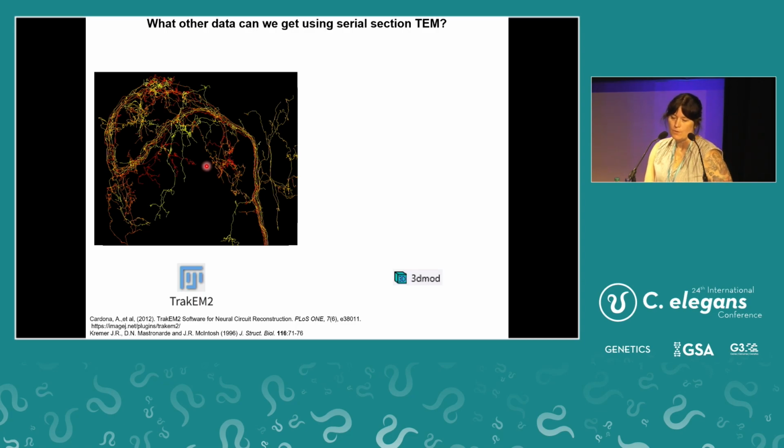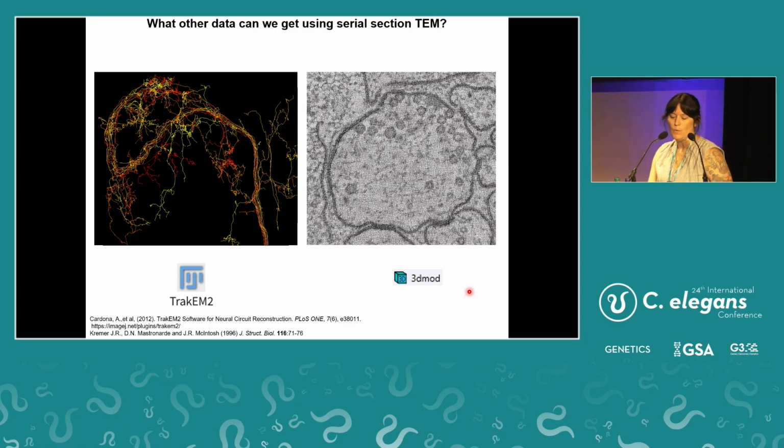But you can also use, well, many software packages, and I'm certain you'll hear about plenty of programs later in the talks, but you can also use a program, 3dmod, which is frequently used to process tomograms, like the one you see here. This one is about 200 nanometers thick, and you acquire this using TEM, but as a tilt series.